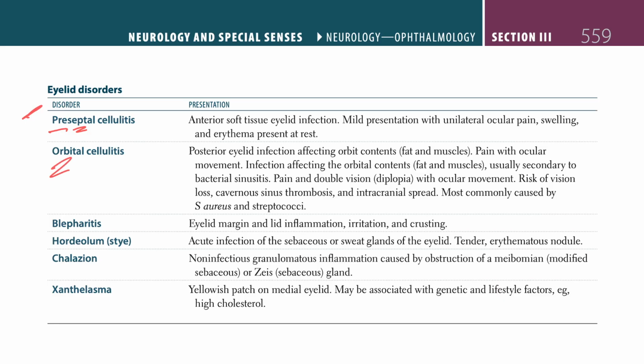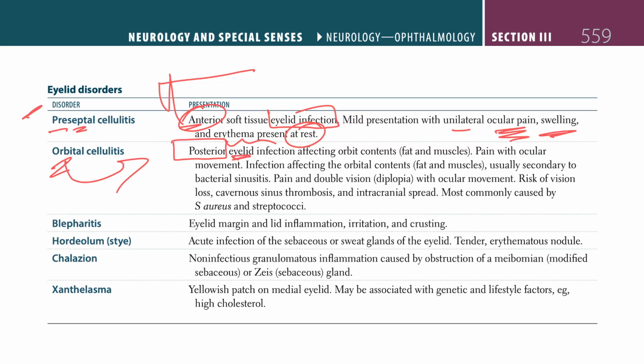Preseptal is the anterior soft tissue eyelid infection. Mild presentation with unilateral ocular pain, swelling, and erythema present at rest. With the orbital, instead of the anterior part of the eye, you are now at the posterior eyelid infection, and when you go posterior, it's going to entrap the whole orbit.